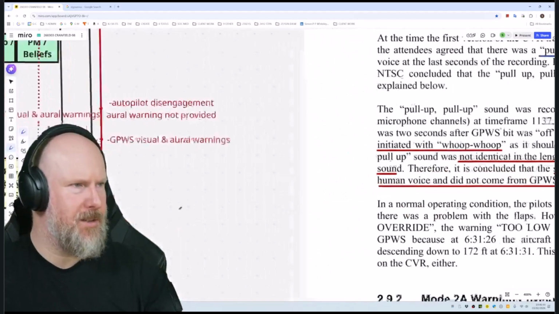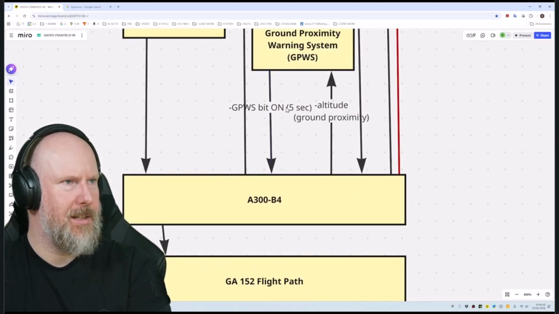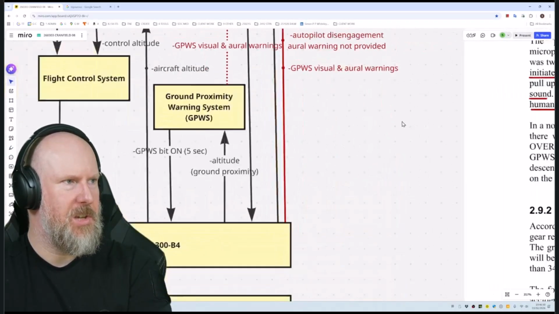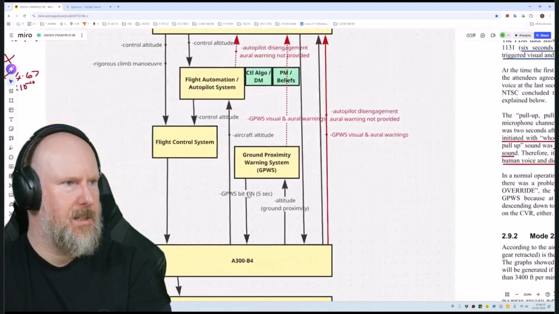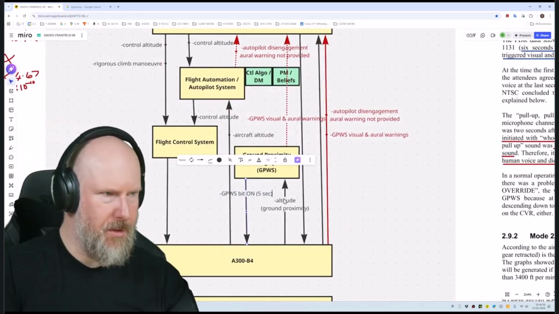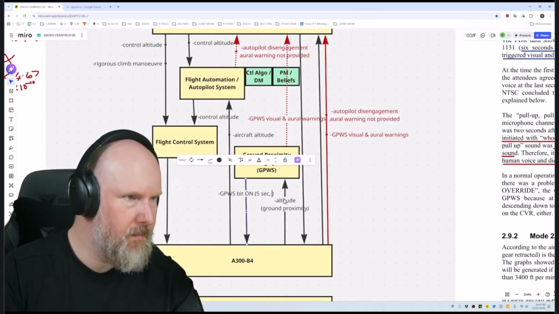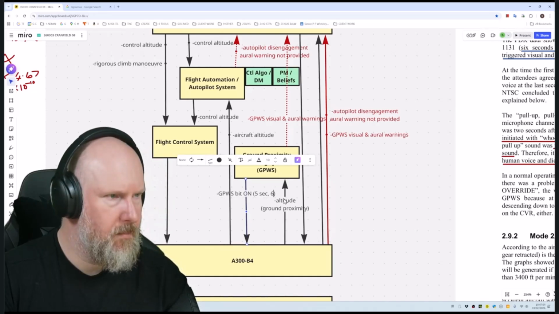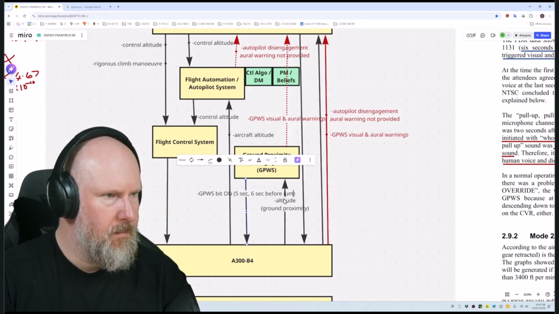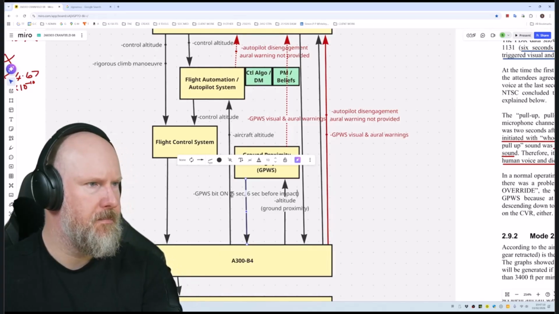Okay, so interesting. Let's just go back to here. So that was not provided. So the GPWS bit was on for 5 seconds, 6 seconds before impact. Okay.